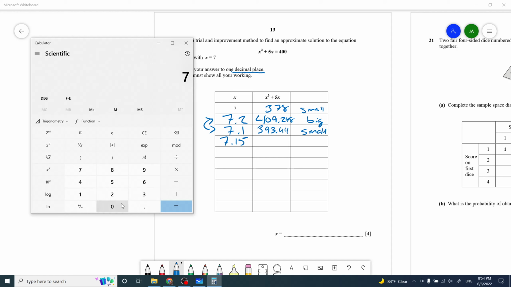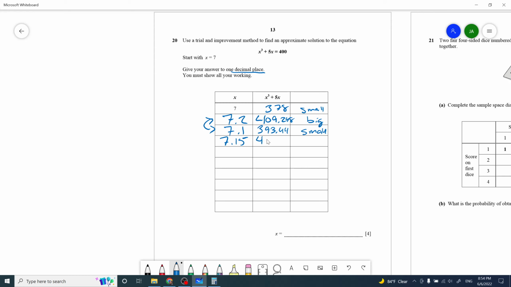So I will take 7.15. I'm going to cube this, and I'm going to add 7.15 times 5 and my brackets. And this is going to give me 401 point something.